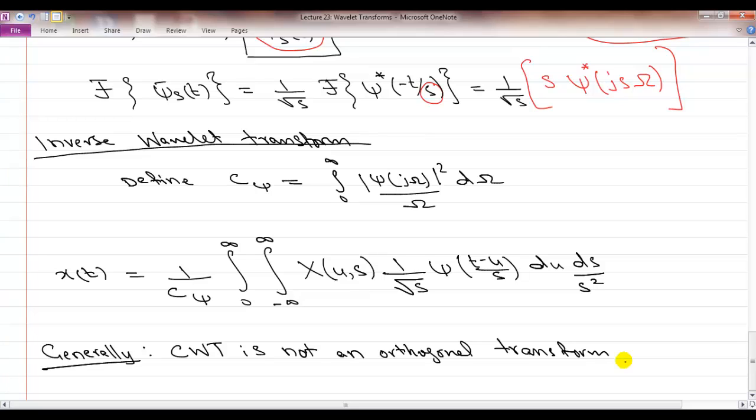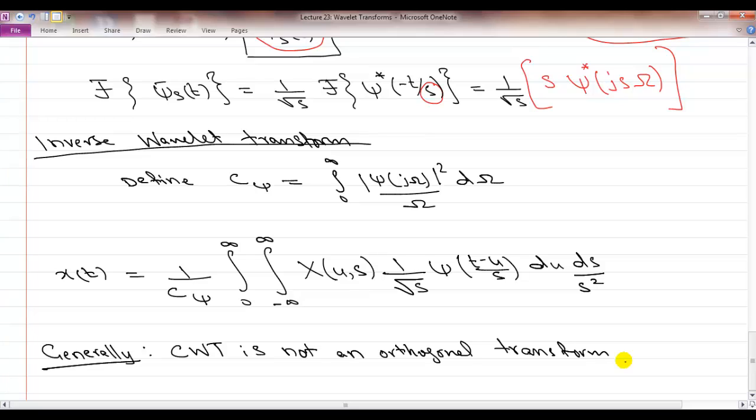Okay. Now, at some point, you say that that is enough, and you want to stop at some scale s equal to s naught. You have now covered all the frequencies, all of your wavelets have covered frequencies from omega equal to infinity to omega equal to omega naught over s naught.